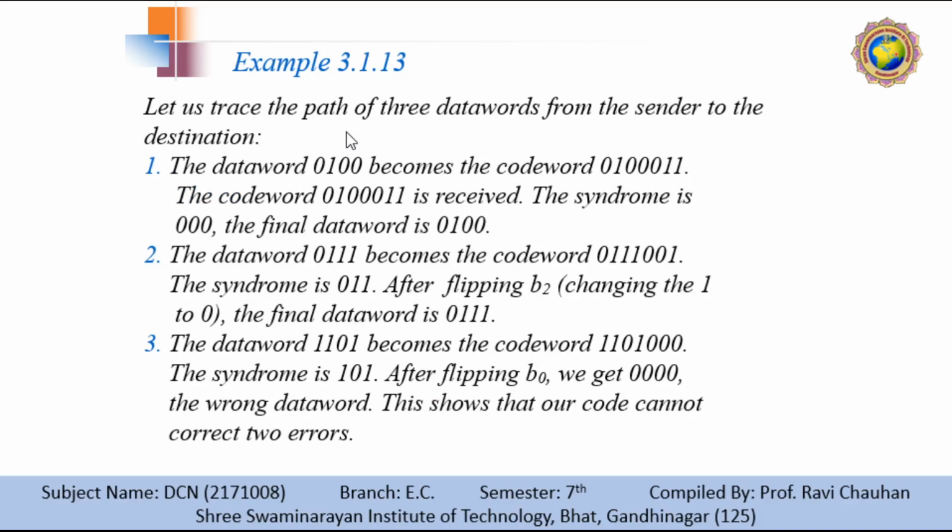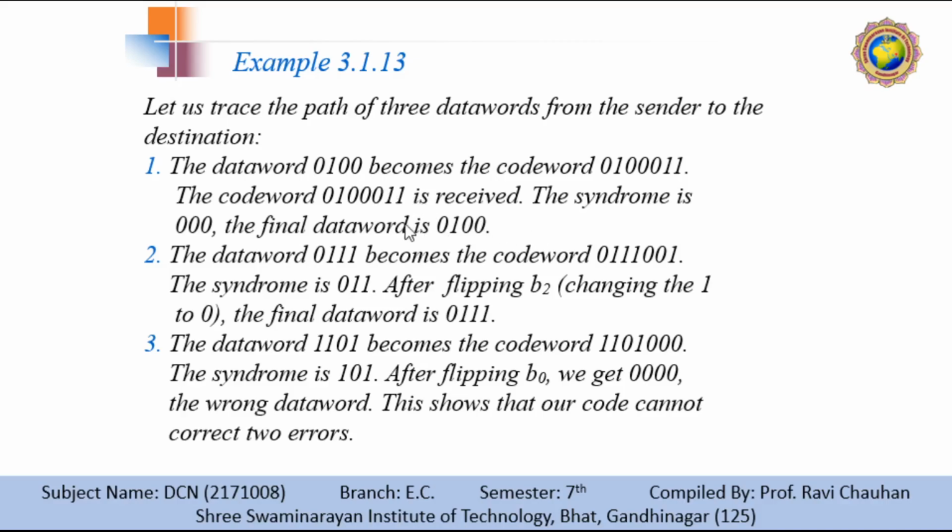Let us trace the path of 3 data words from the sender to the destination. The data word 0100 becomes the code word 010011. The code word 010011 is received. The syndrome is 000. The final data word is 0100, meaning no error.